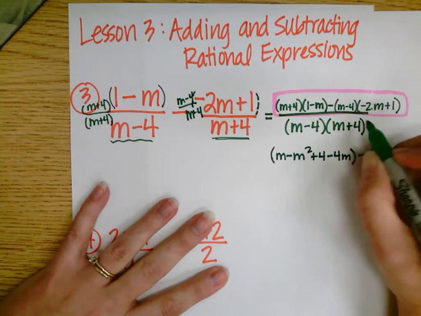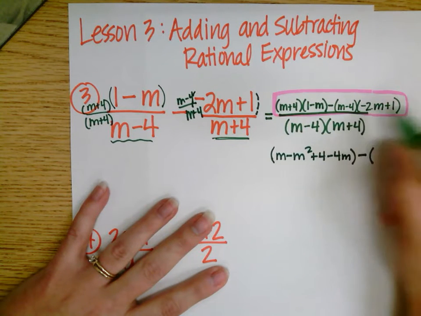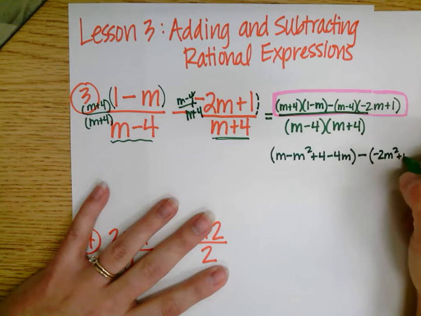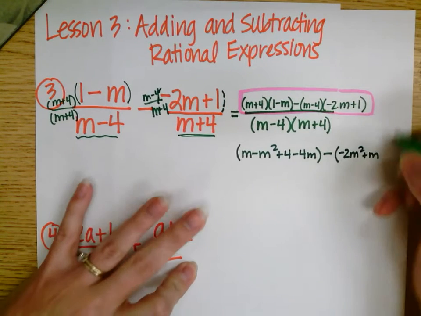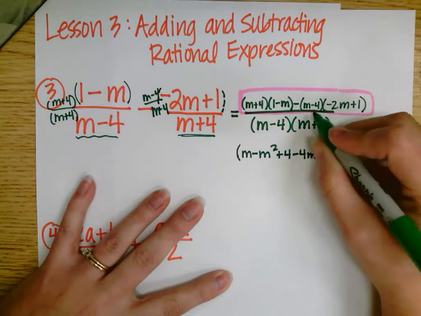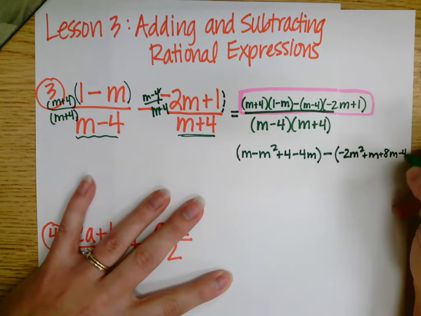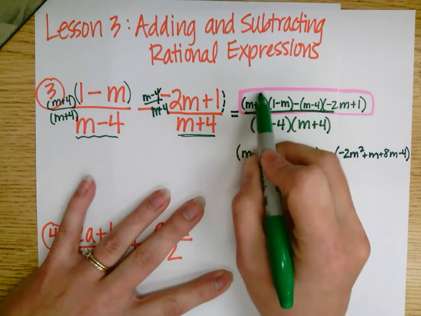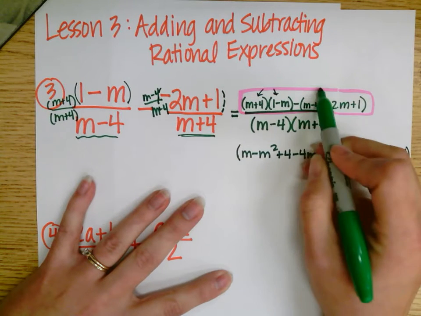Over here I get minus 2m squared plus m plus 8m and minus 4. All I did was multiply these two together and these two together.